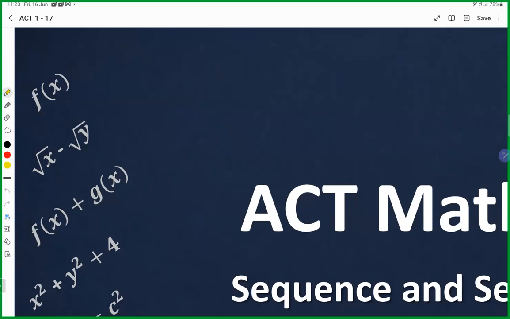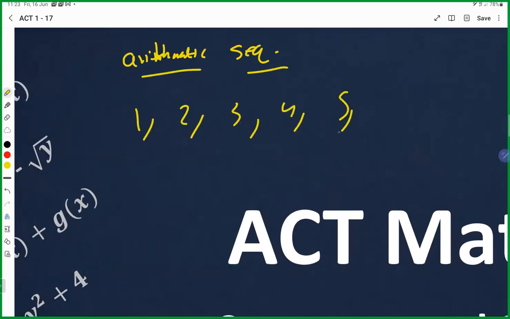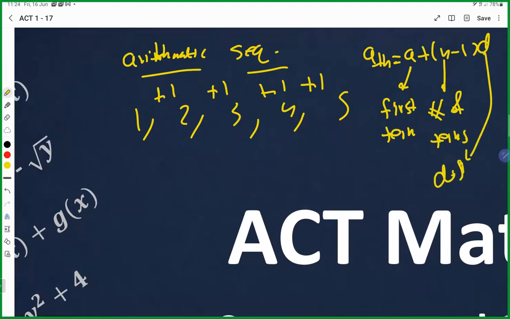But in general, the M1 exam will focus on arithmetic sequence. So 1, 2, 3, 4, 5. What's the increment factor? It's plus 1, plus 1, plus 1. So the nth term is equal to a plus n minus 1 times d. We call a the first term, n the number of terms, and d the difference.